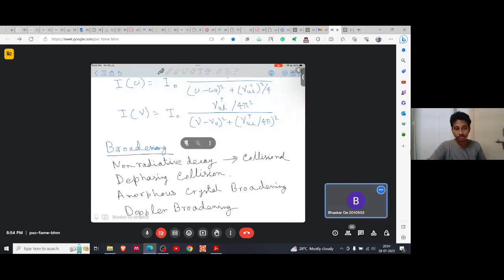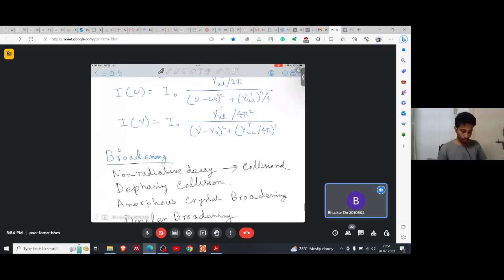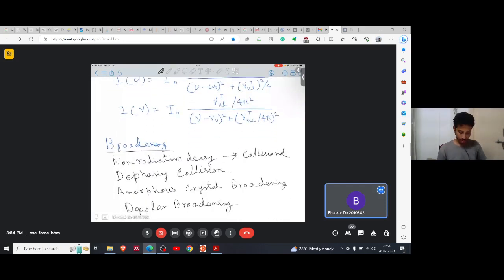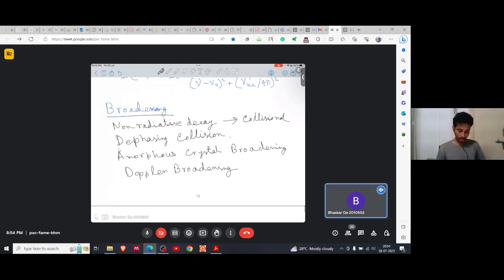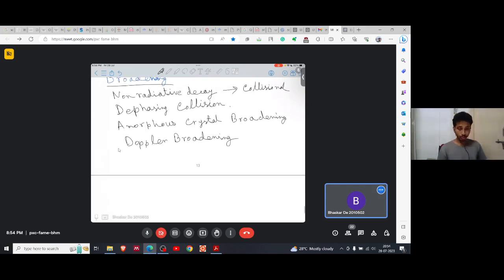So anyway, this is the homogeneous broadening, and then there is broadening due to non-radiative decay, that is collisional broadening, then dephasing collision, then amorphous crystal broadening, and then Doppler broadening. I will discuss these broadenings in the next classes, or maybe just show some problems regarding this.